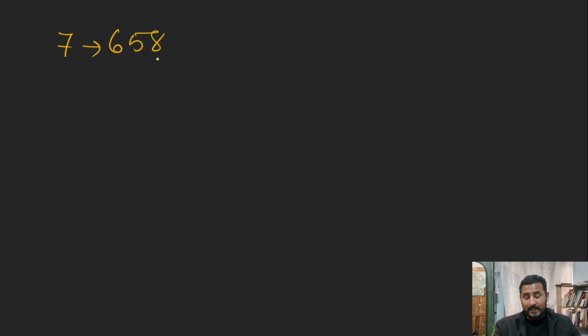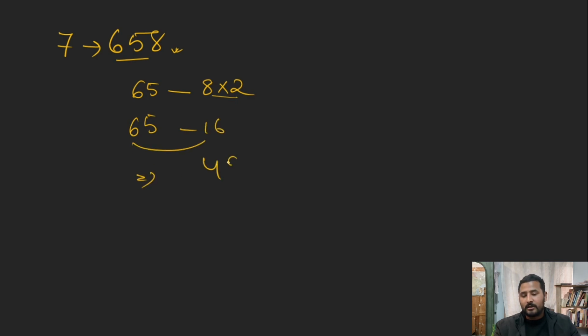Since it is 3 digits, you can do it directly, or else, for example, write the first 2 digits, 65, and multiply the last digit by 2. So 65 minus 8 into 2, which is 16. When you subtract, you'll get 49. You have to check if it is a multiple of 7. Since 49 is a multiple of 7, 7 7 is 49, this whole number is divisible by 7.